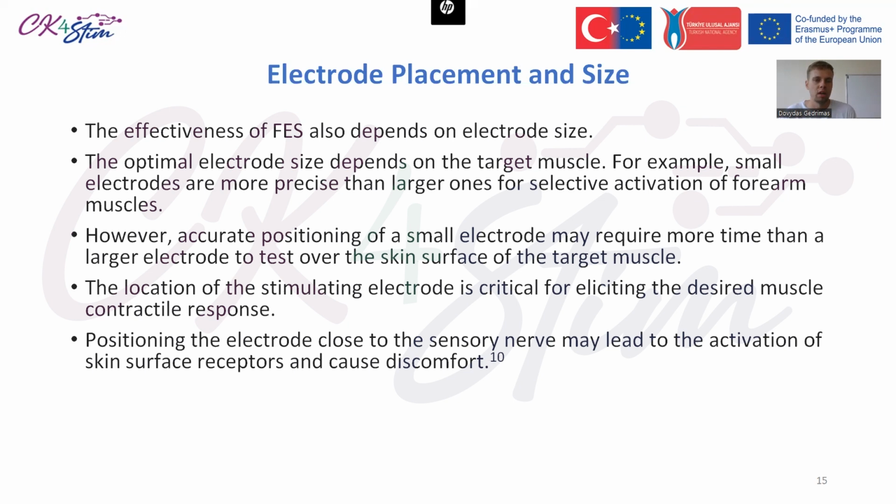However, accurate positioning of a small electrode may require more time than a large electrode to test over the skin surface of the target muscle, so we take more time to find the precise point where the best position is for muscle contraction. The location of the stimulating electrode is critical for eliciting the desired muscle contractile response, and positioning the electrode close to the sensory nerve may lead to the activation of the skin surface receptors and cause discomfort.